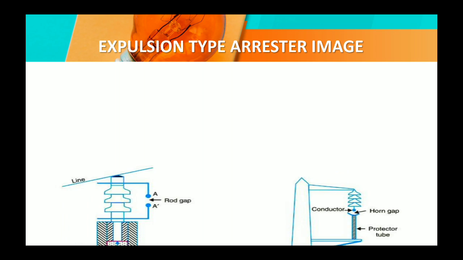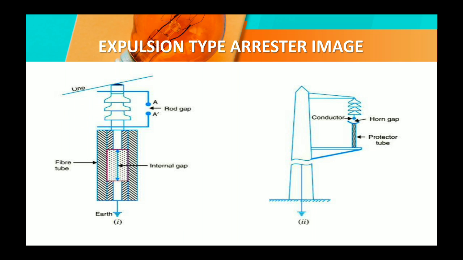So here you can see the image of the expulsion type arrestor. There is a rod gap here, and this is a fiber tube. We know that in the fiber tube there is the internal gap, and these two electrodes are in the fiber tube, as we have already discussed.